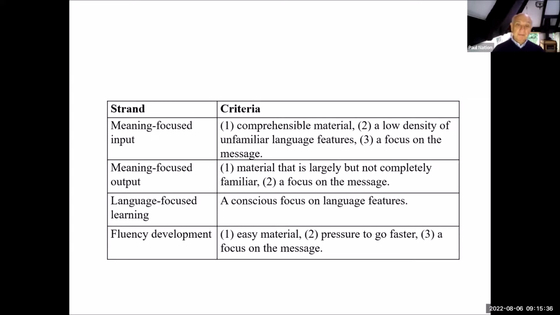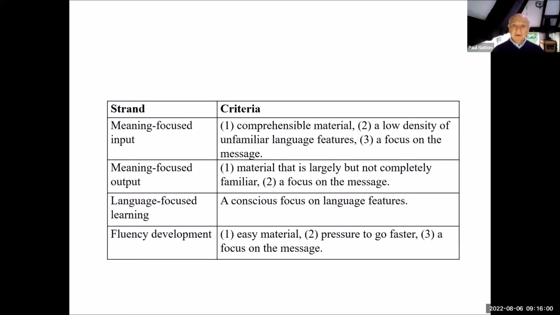From a vocabulary perspective, this material should make up no more than about 2% of the running words in any of the listening passages or the reading passages and so on. So that would mean on a page of 300 words, there should be no more than about 6 unknown words.